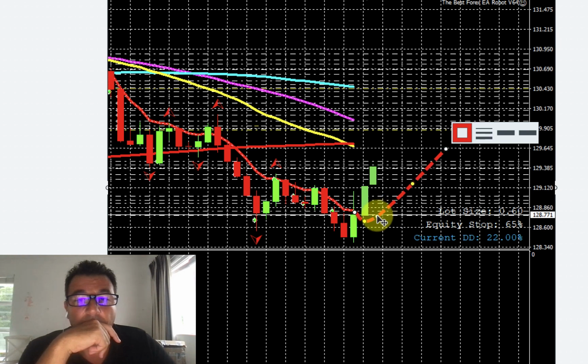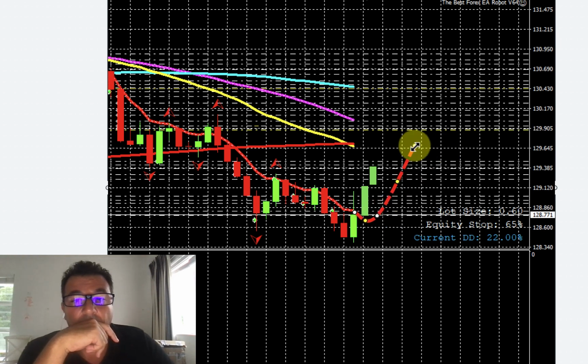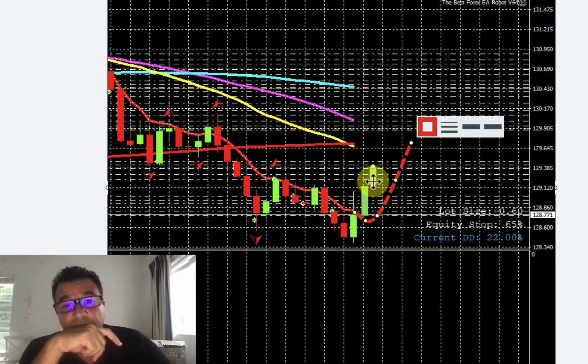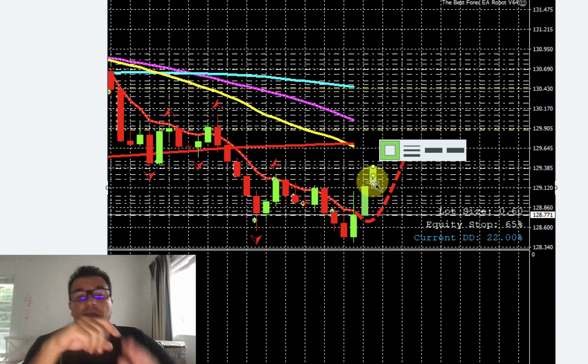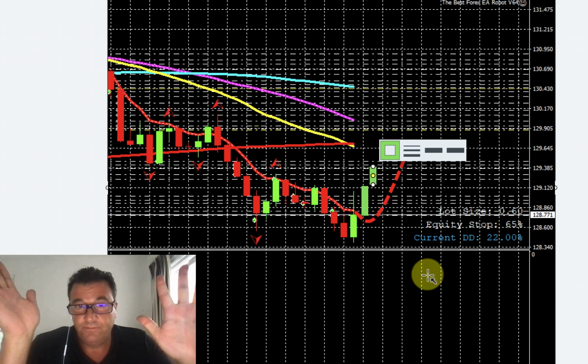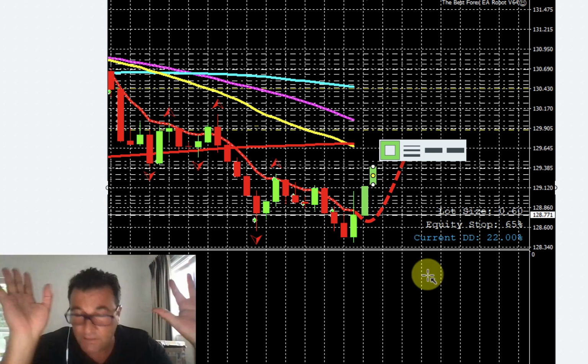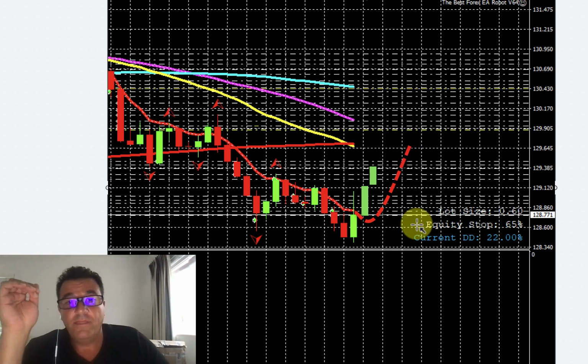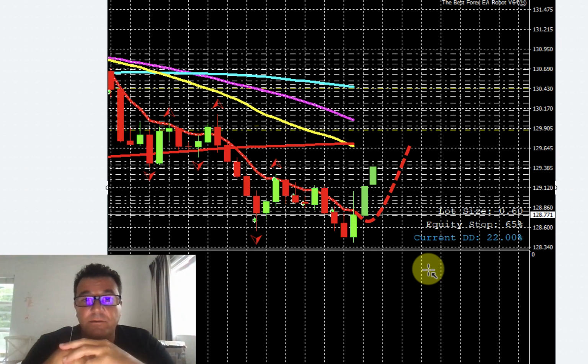Okay, there we go. Right. My strategy is when the second candle opens above the 8 exponential moving average, the price has reversed. That's it. It's that simple. I now know that we're now in an uptrend.